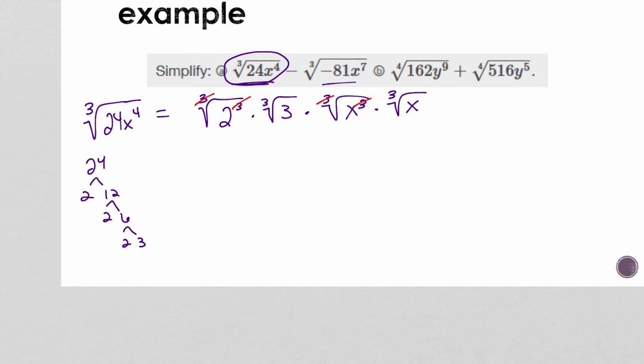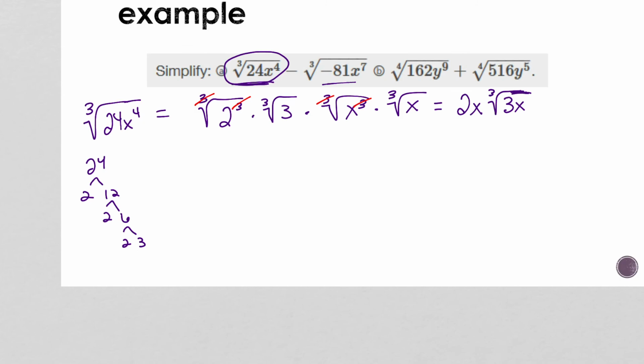So the cube root of 24x to the fourth turns into 2x cube roots of, what do we have left over? 3 and an x. All right, there we go.